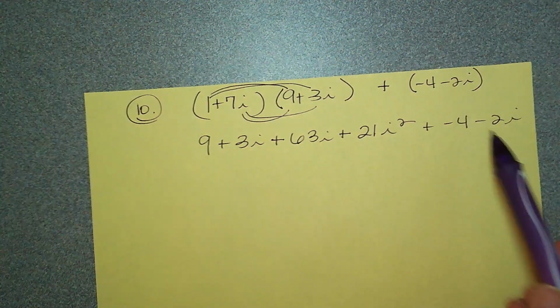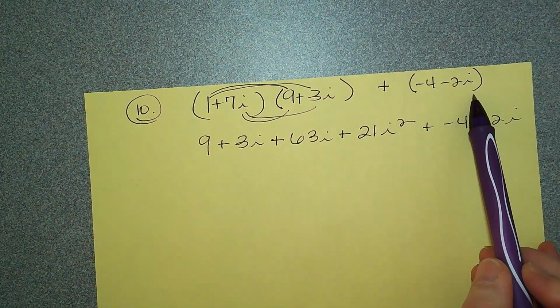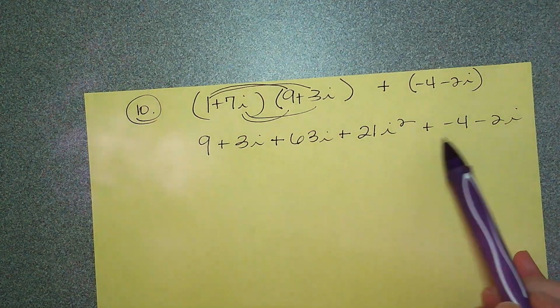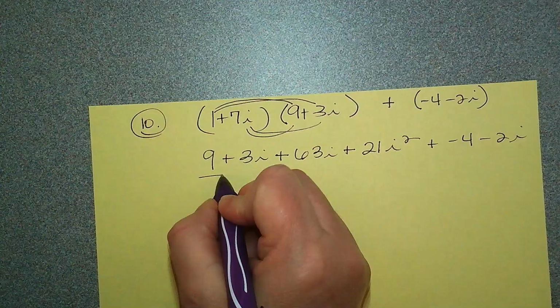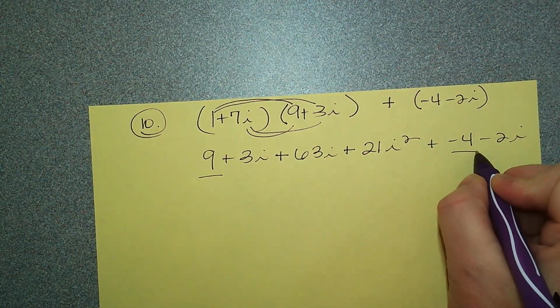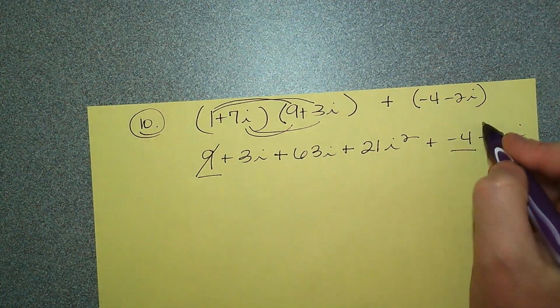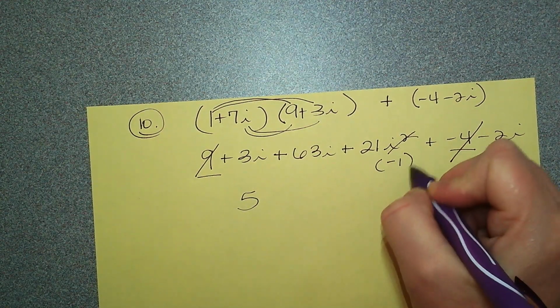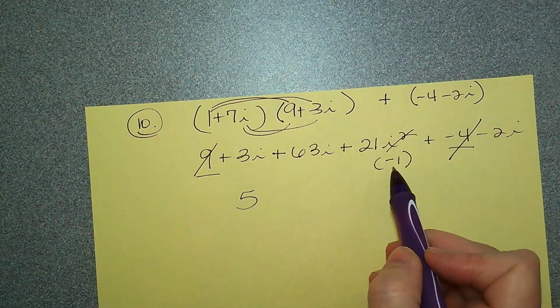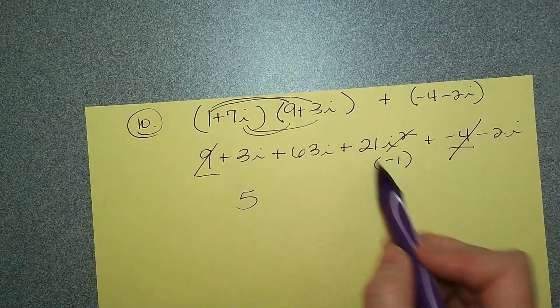I changed the signs in the second polynomial and changed it to addition. So now we're just combining like terms. The constants are 9 and -4. 9 and -4 is 5. Put a -1 in place of i squared. So that's going to be -21.